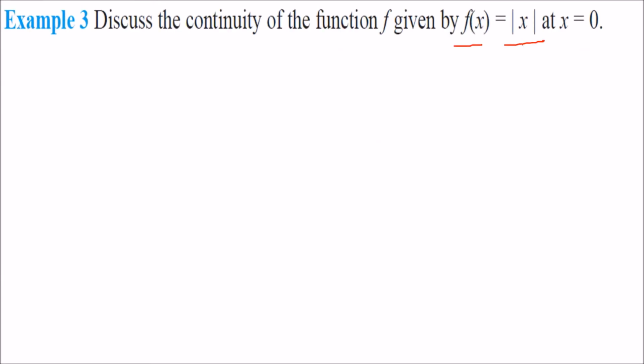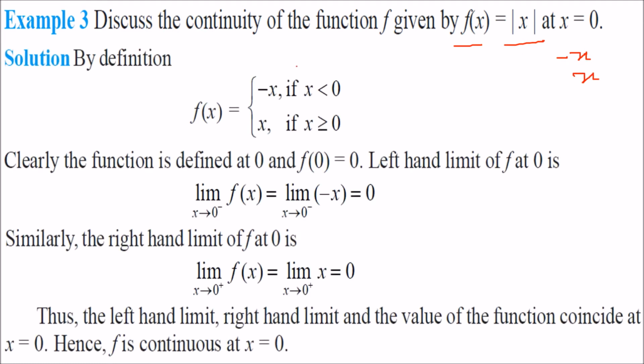Now f(x) = |x| at x = 0. |x| is minus x if x is less than 0, and x if x is greater than 0. That is the modulus. So by definition, f(x) = −x if x < 0, and x if x ≥ 0. First of all, if you place 0 here, the mod of 0 will always be 0.